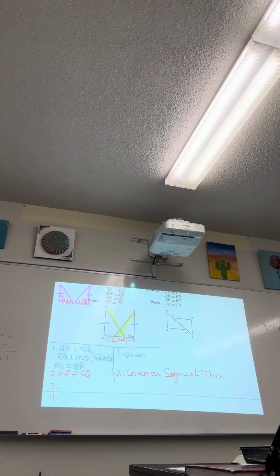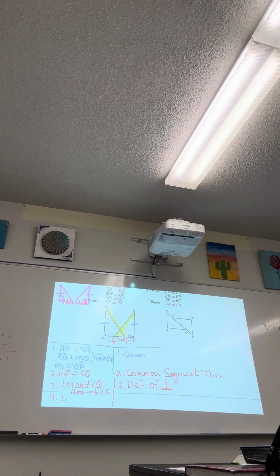Because the lines are perpendicular, that means that angle M and angle Q are right angles, right? What's the reason? Definition of perpendicular. We've done this over and over again. This should be on your test, I think.